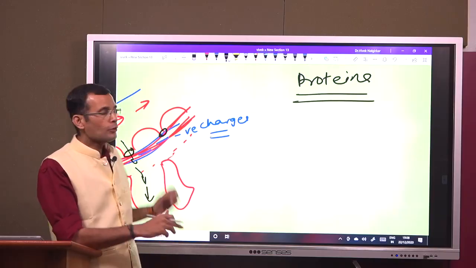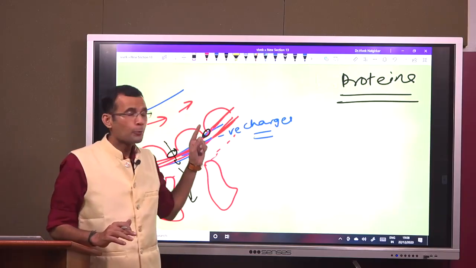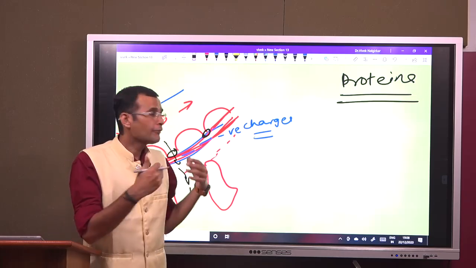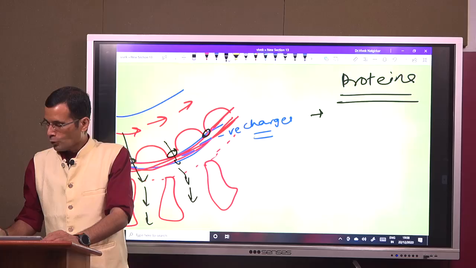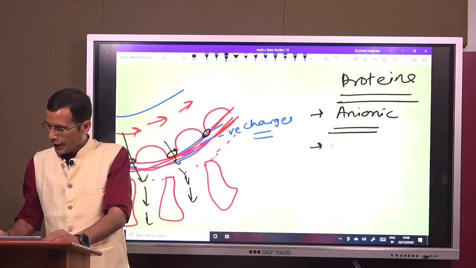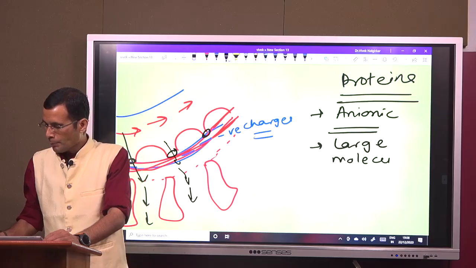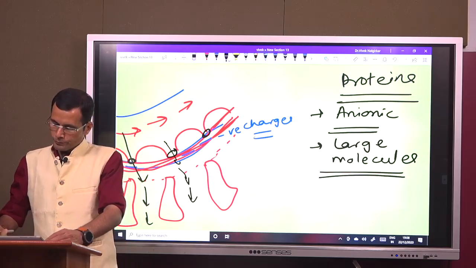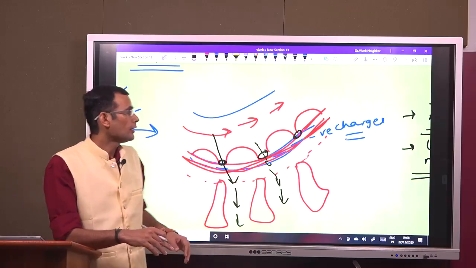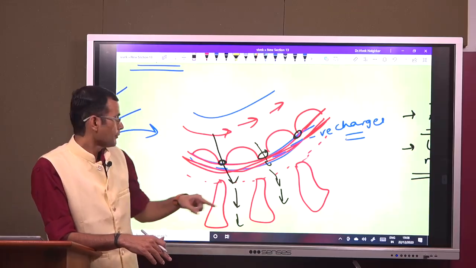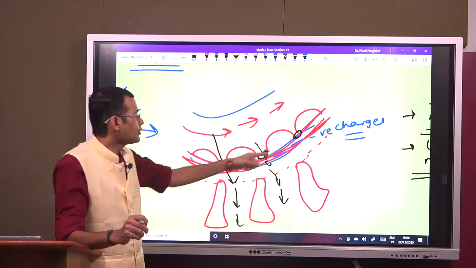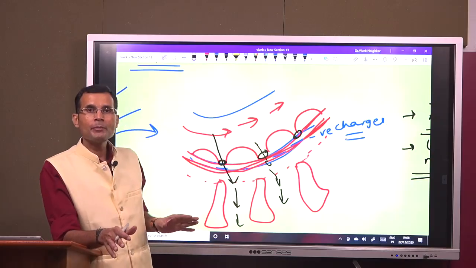And therefore, proteins, why don't they get filtered is because of two reasons. One is proteins are anionic and proteins are large molecules, macromolecules. So remember, because they are anionic, they will be repelled by those negative charges on the basement membrane.